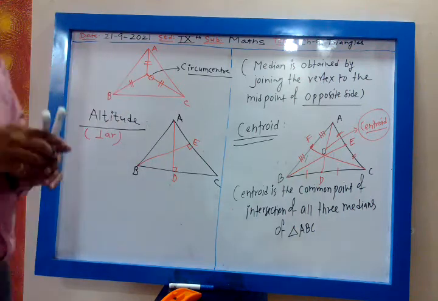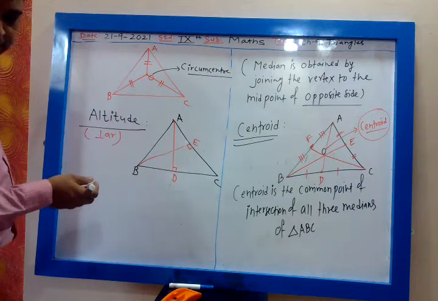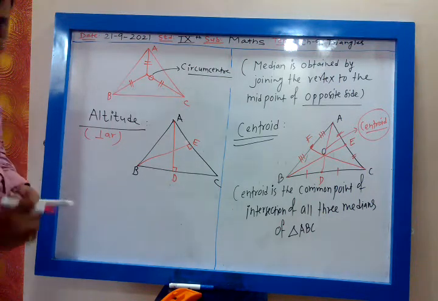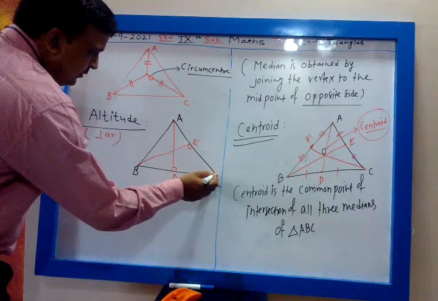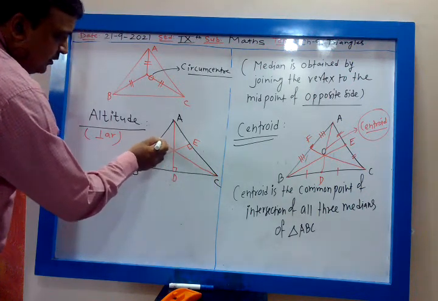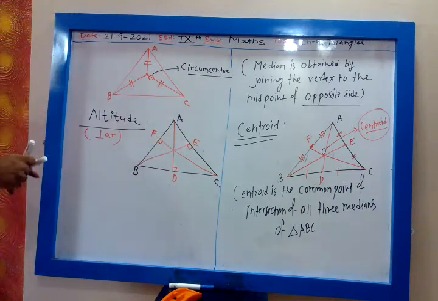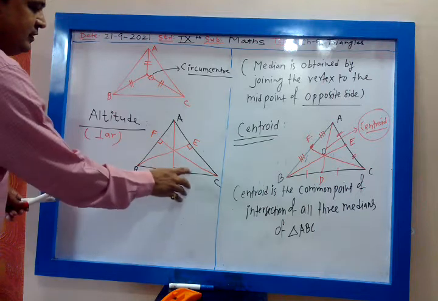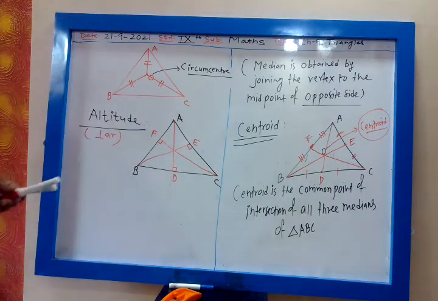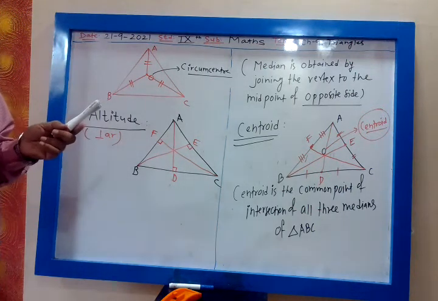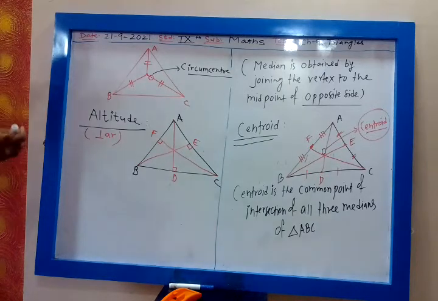It is only a perpendicular. Then from C we draw a perpendicular, CF. I have not used the symbol BD equals DC or CE equals AE. Unless there is a bisector symbol, it is only a perpendicular. They are the altitudes.